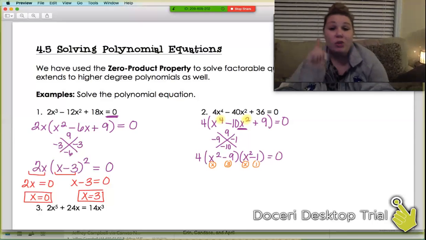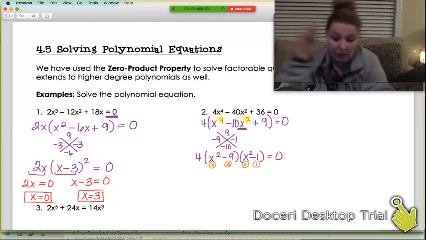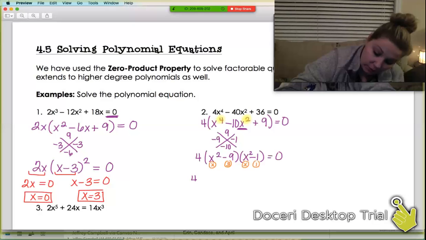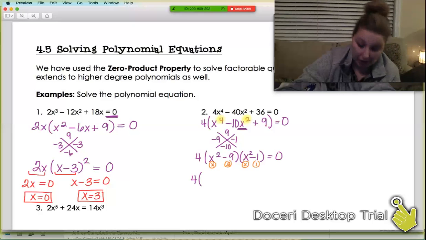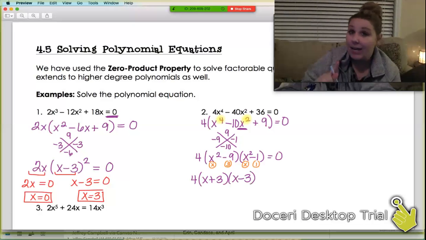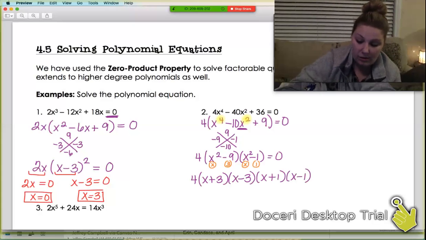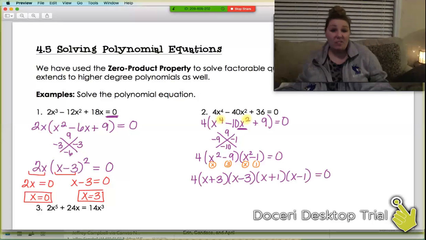So I can factor both of those, which means I'm going to get 2 factors and 2 factors for a total of 5. So I bring down the 4. The x squared minus 9 gives me x plus 3 and x minus 3. And then the x squared minus 1 gives me x plus 1 and x minus 1. So that one ended up with a ton of factors.